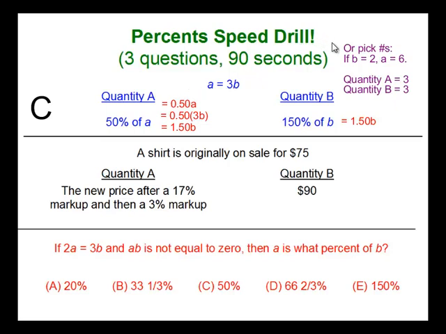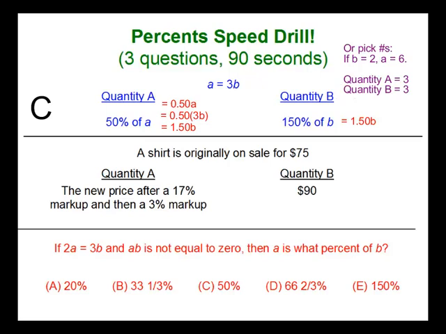If B is 2, A is 3 times that, A is 6. And then if you take the percents as indicated by the quantities, you get 3 for both quantities. Now this doesn't really prove C, but if you plugged a couple sets of numbers, pretty soon you would begin to trust that pattern. You can kind of see why you always get the same value for each quantity.